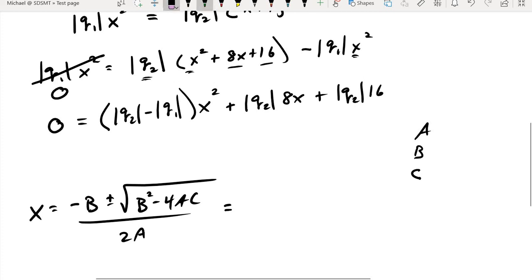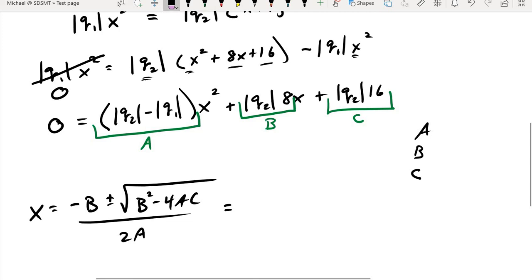And now we have to identify our coefficients. The a coefficient is all the stuff attached to your second order term. The b coefficient is everything attached to your first order term. And then your c coefficient is your 0th order term.